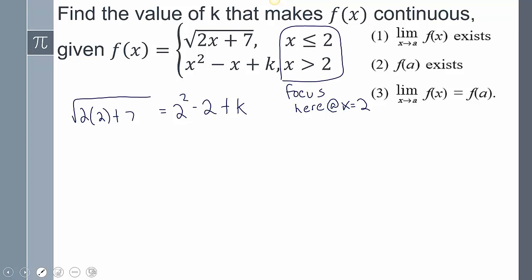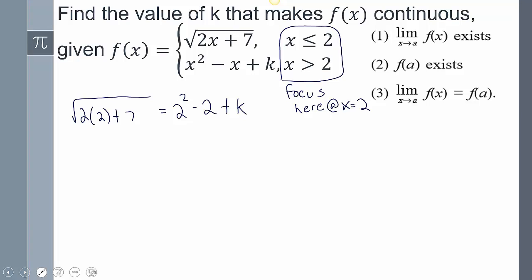Now remember, for my piecewise function, this is where it's going to break my function apart. So it could either be that jump discontinuity, or at this value I want to make sure that they're connected. And so I'm going to plug this 2 in for my x on both of these, because we're looking at the value of x equals 2.